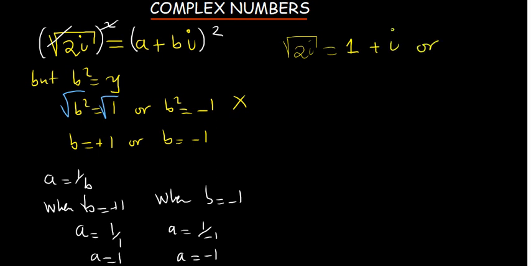Or square root of 2i is going to be, when a is -1, b is also going to be -1. So substitute here. So that will give us -1 minus i. So these are the two answers. These are the two square roots of 2i. So the square root of 2i is 1 plus i or -1 minus i.